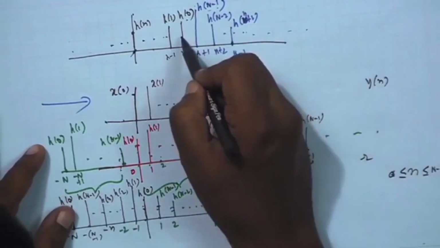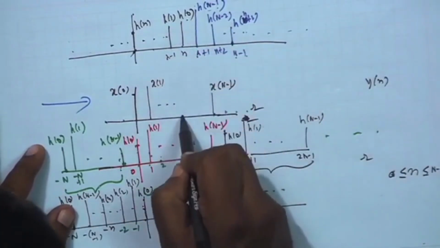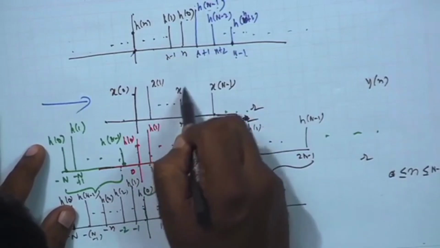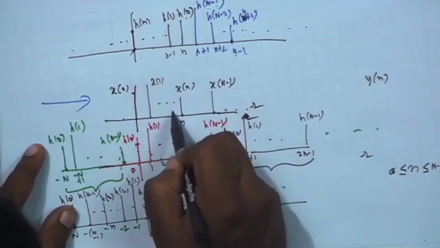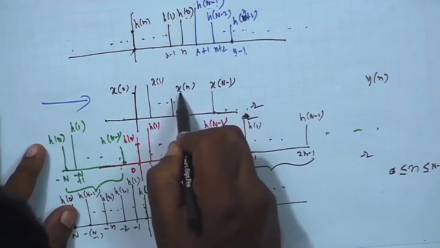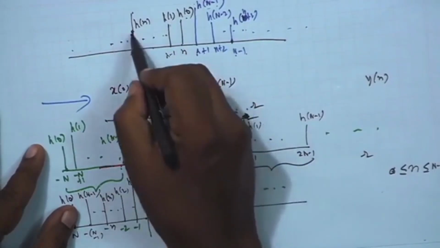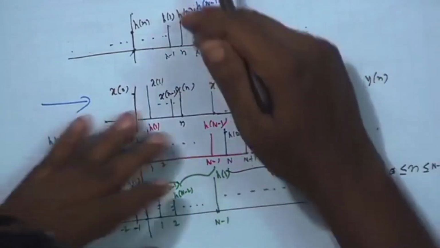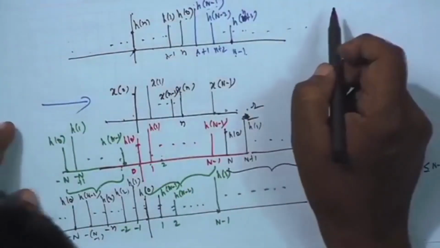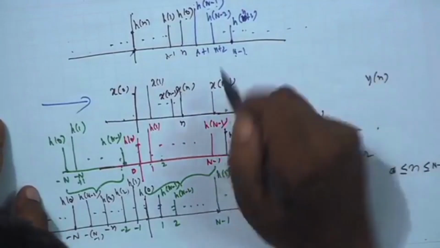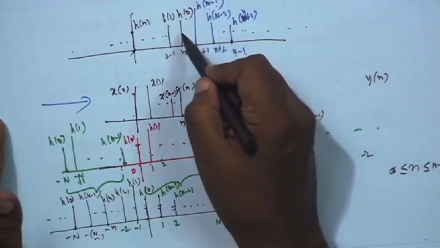Okay. H0 is at the nth point, so at the nth point I have got x n, H1 at n minus 1. This is the original normal sequence, it was x n minus 1, Hn x 0. So, if you do this black sample versus black sample, what you get is that linear convolution part. Okay.